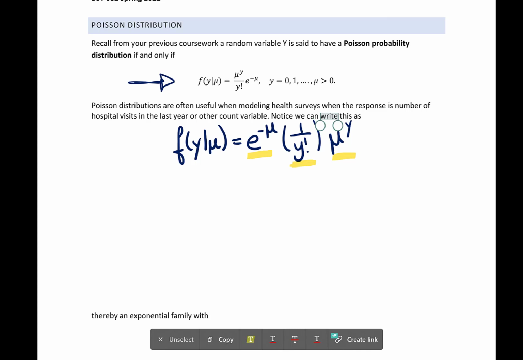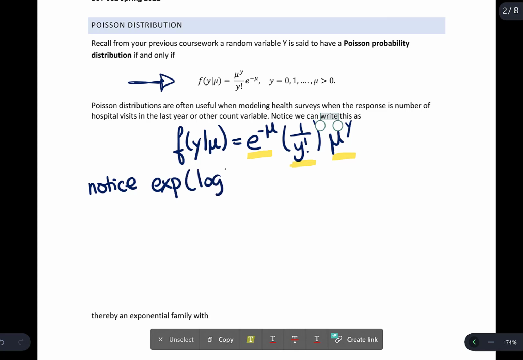I'm going to have a function of just y and a function of just mu. Now, the function that involves both y and mu, ideally I would like that in the exponent. So notice here that if I take the exponent of log mu to the y, that is going to be equal to the exponent of y log mu.